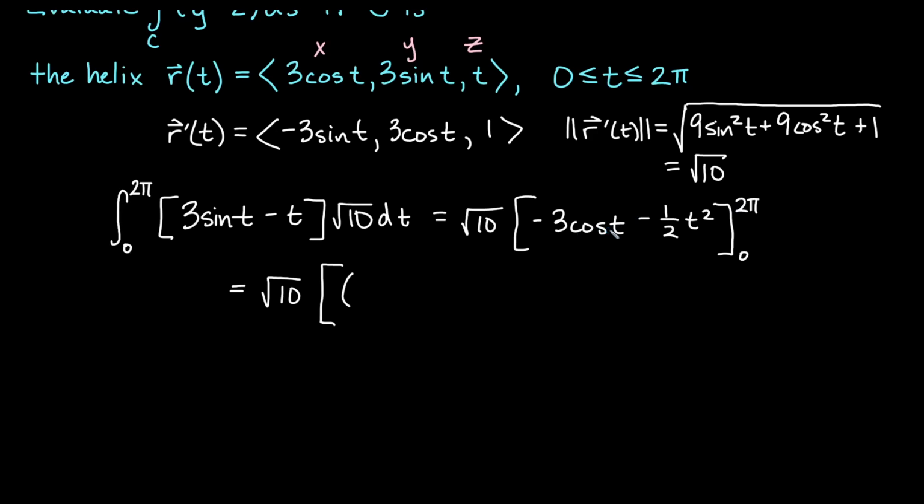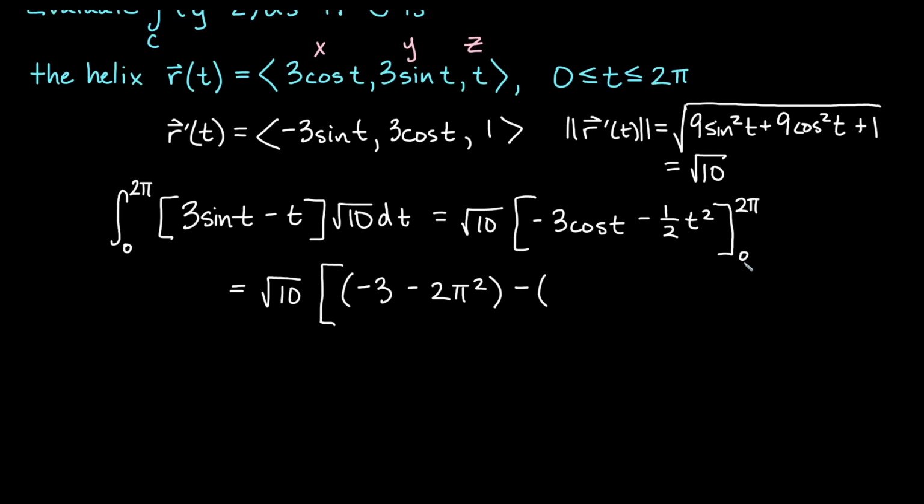Cosine of 2 pi is the same as cosine of 0, which is 1. So this is -3 minus, if I plug in 2 pi here, so I'm squaring the 2 and the pi, so I get 4 from squaring the 2, but I also get a pi squared, right? So let's remember the pi squared, but now 4, half of 4 is going to be 2, right? So I actually get 2 pi squared there. It's a little bit odd, but it's okay.